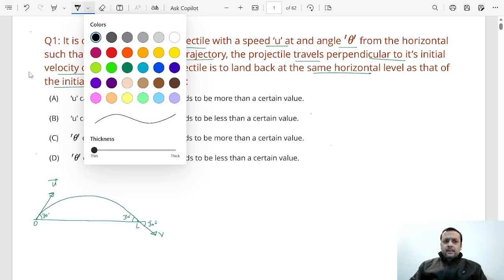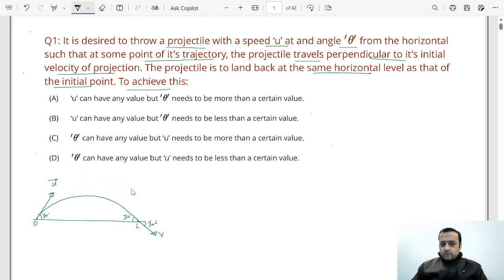So if you compare the initial velocity, it was like this, making an angle of 30 degrees with the horizontal. The final velocity will be like this, and magnitude-wise it will be the same, but here I'm more concerned about the direction. The final velocity is making an angle of 30 with the downward horizontal.